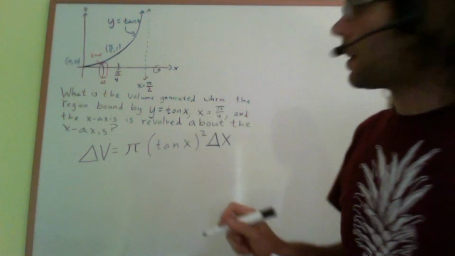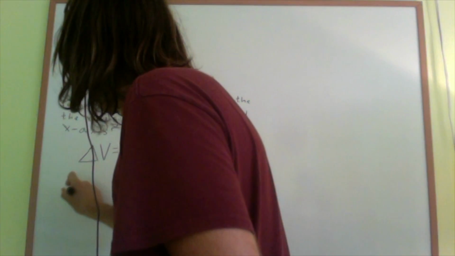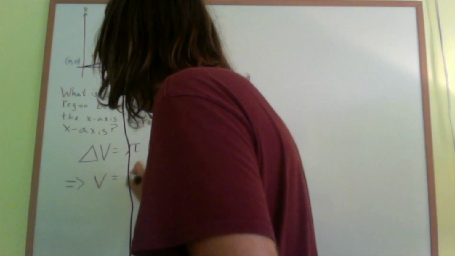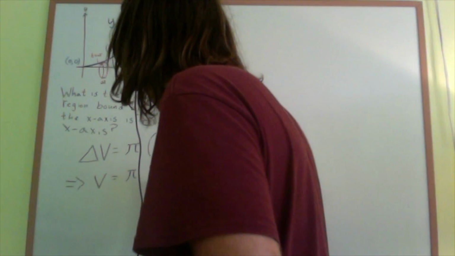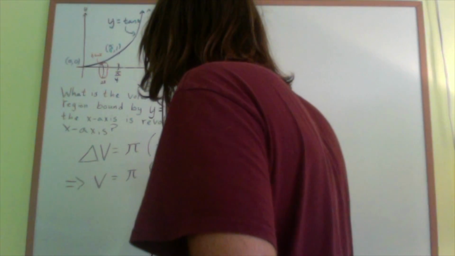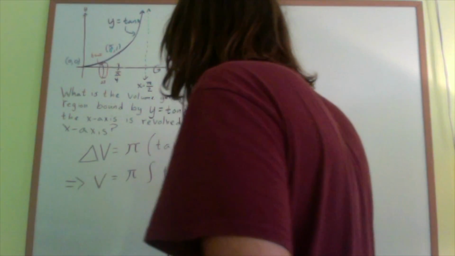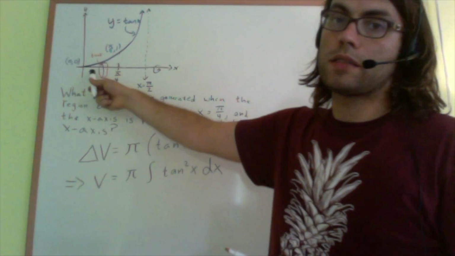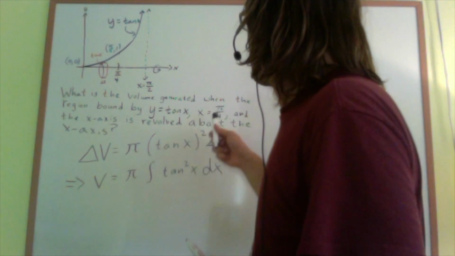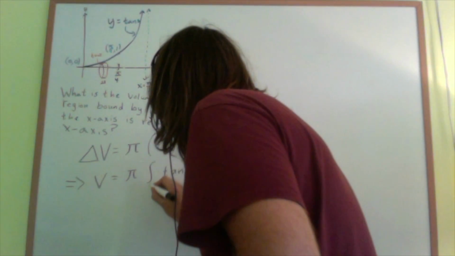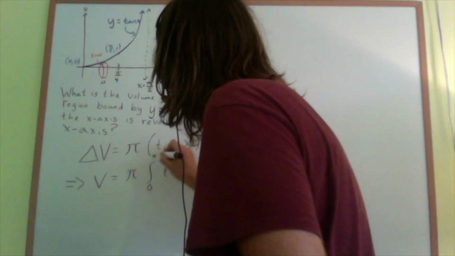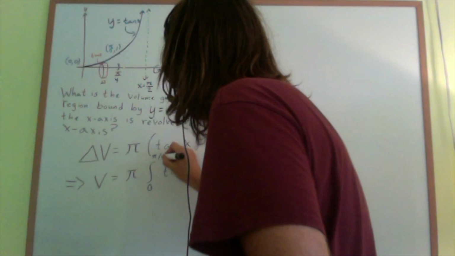So this implies that the total volume V is pi times the integral of tangent squared of x dx, and because x goes from 0 to pi over 4 in our region, the lower bound of integration is going to be 0. The upper bound of integration is going to be pi over 4.